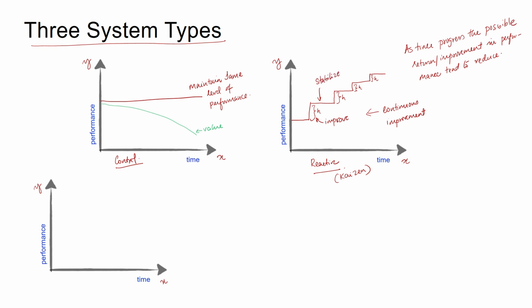Then comes the third system, where in reality the performance will start from some place and have its distinct three phases: the growth phase, the plateau phase, and then the decline phase.